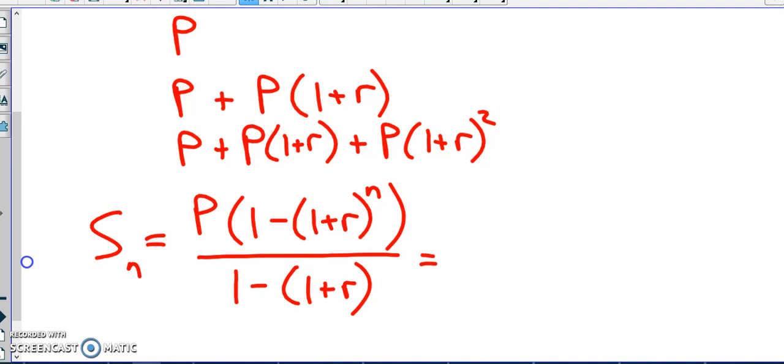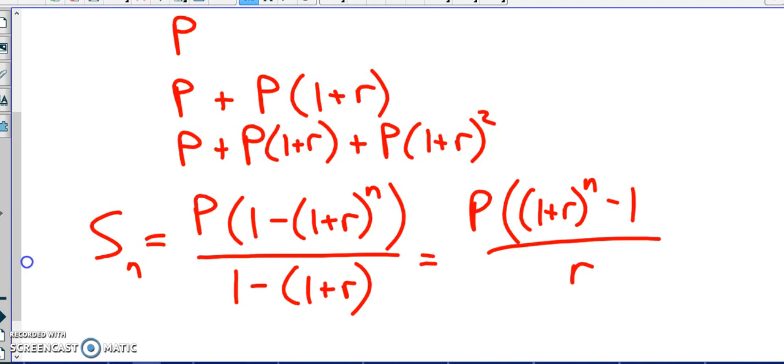And if you simplify that, that's equal to P times, now since the bottom comes out to be negative R, I want it to be positive R. I'm going to multiply a negative 1 up top and make this (1 plus R) to the nth minus 1, and turn that formula around. And that would be, of course, the formula if it were compounded yearly.